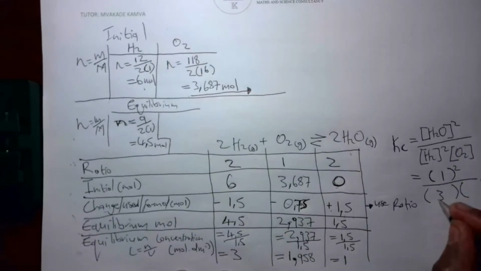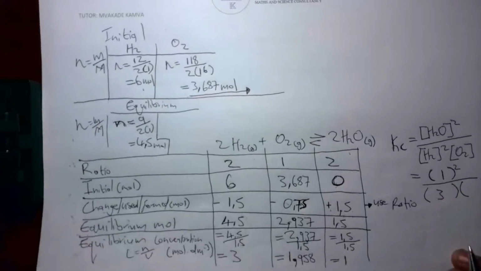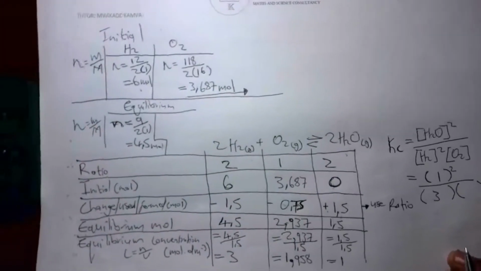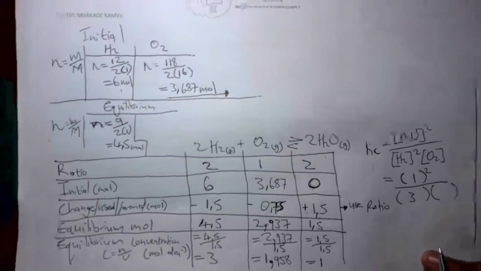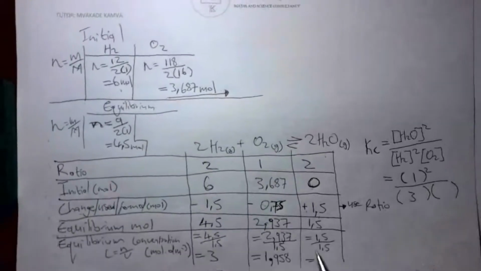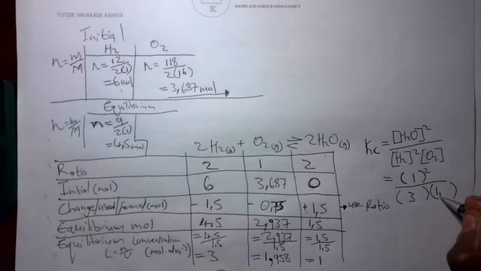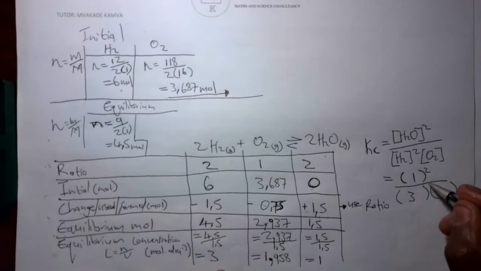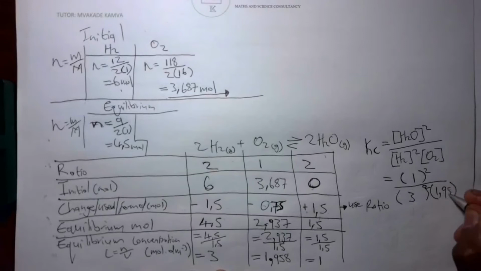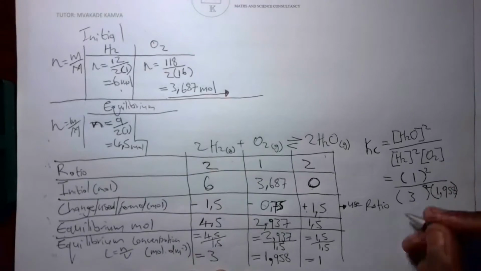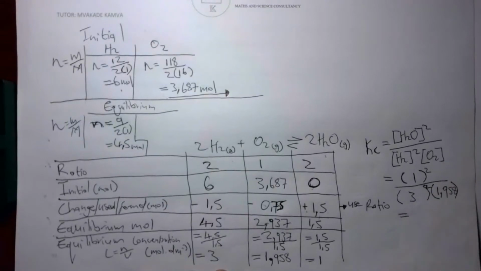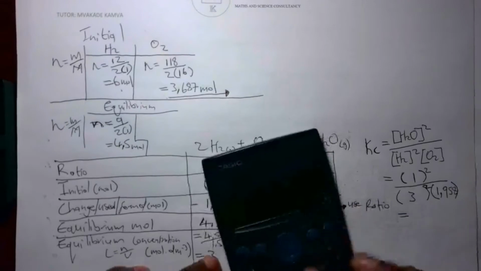I've got 3 at equilibrium. And what do I have for O2? It's 1,958.